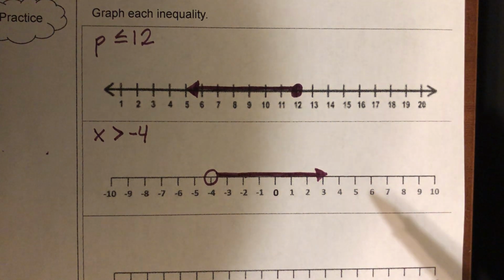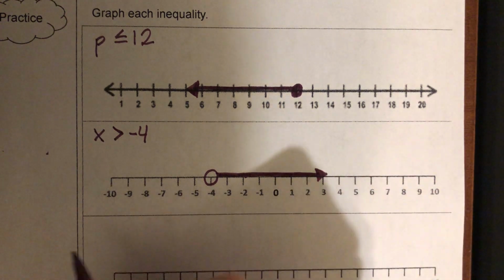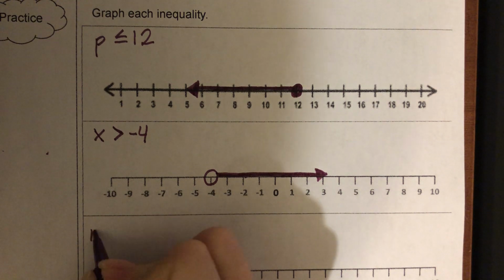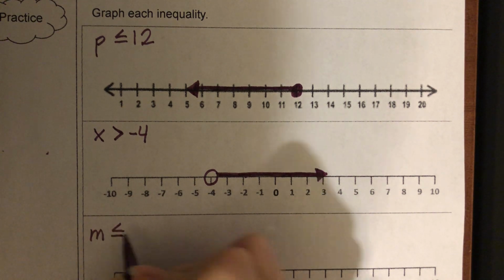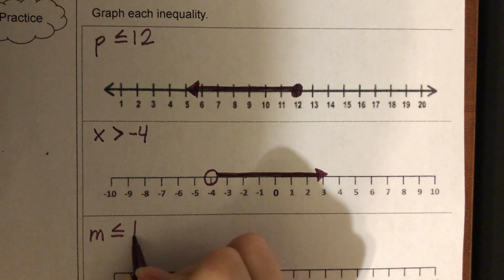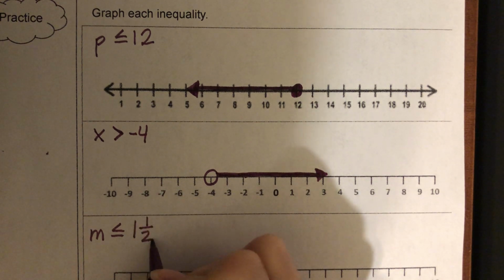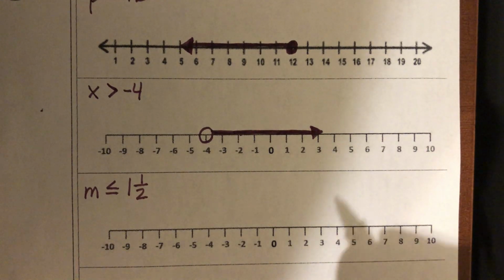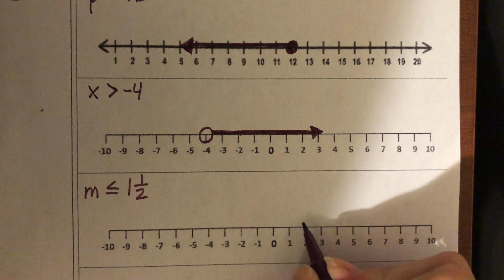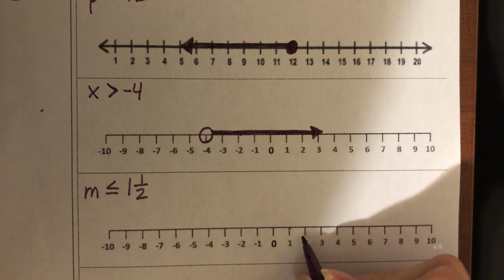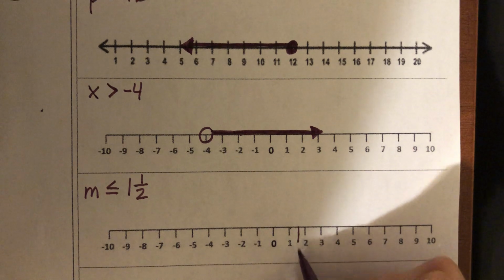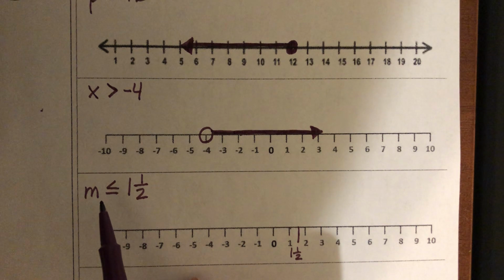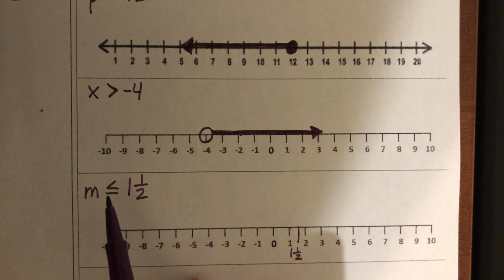All right, let's take a look at another one. Ooh, let's mix it up a little bit. Let's do M is less than or equal to 1.5. Okay. Now let's remember where 1.5 is on the number line. 1.5, it's halfway between 1 and 2. I'll put a little line here down to say this is 1.5. Now, is this going to be an open circle or a closed circle?